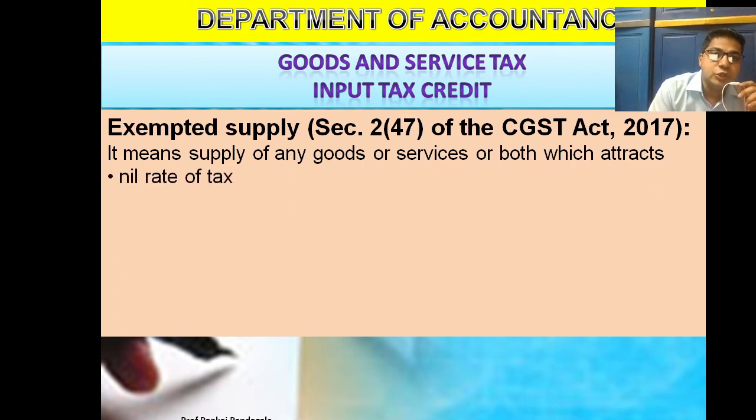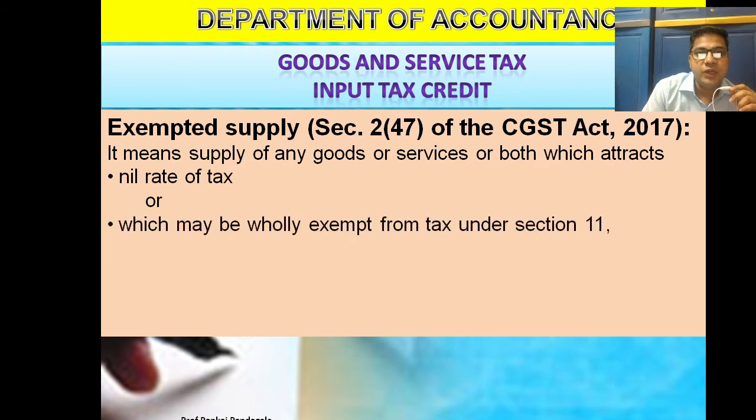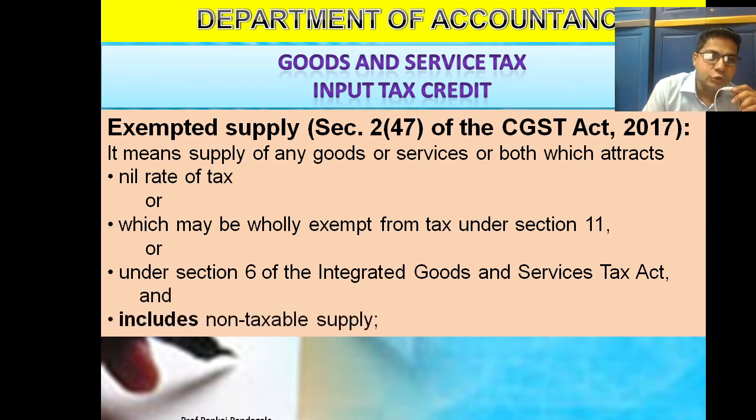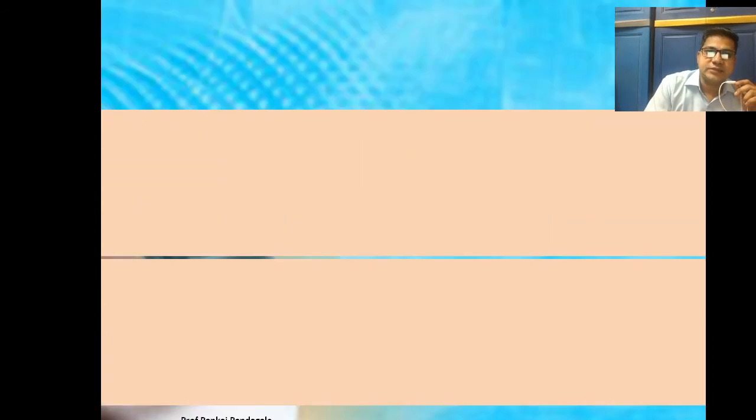Now you have to keep in mind, there is no tax for exempt goods, which may be wholly exempt from tax, or exempt under section 6 of the Integrated Goods and Services Tax Act, and includes non-taxable supplies. It is called exempt supplies.